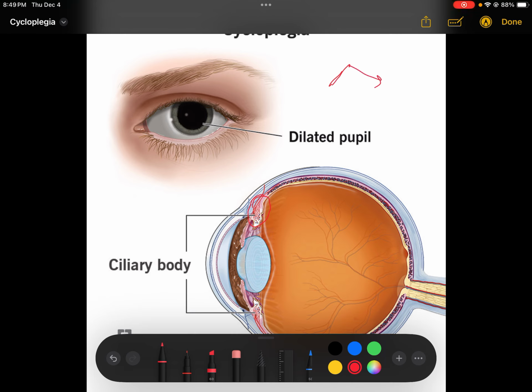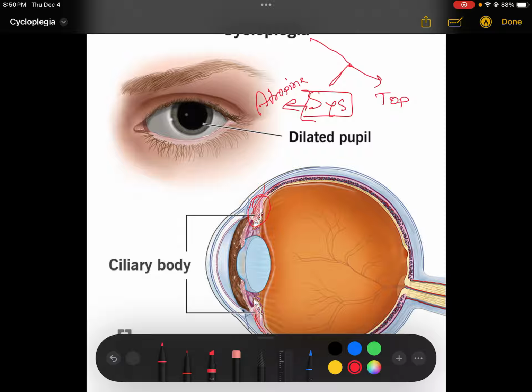Systemic cycloplegic: only systemically used atropine is used as a systemic cycloplegic that causes pupillary dilatation or mydriasis.